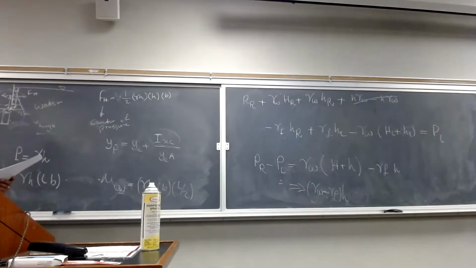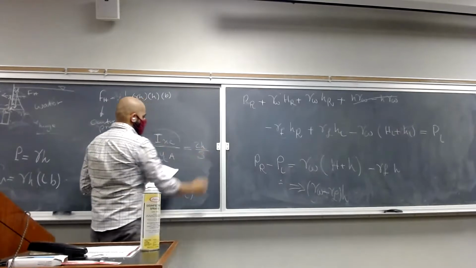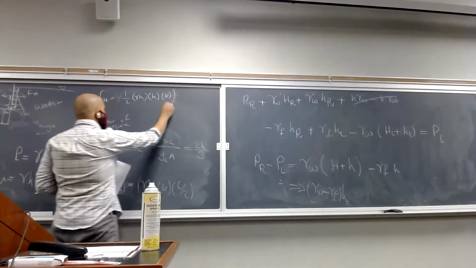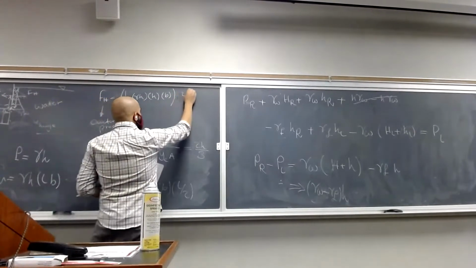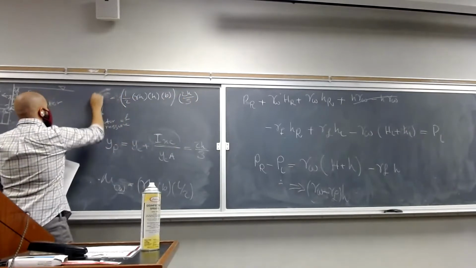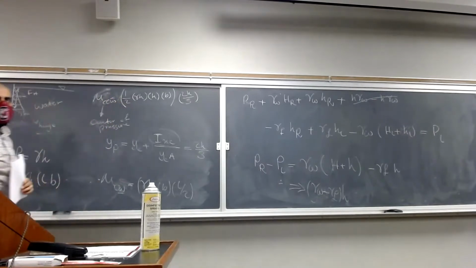And eventually, we are going to get this location to be 2h divided by 3. This is the location this horizontal force passes through. So the moment this creates is going to be this force multiplied by 2h divided by 3. This is going to be the counterclockwise moment. This is a negative value based on the definition. Counterclockwise moment is negative, right? This is just a sign convention.